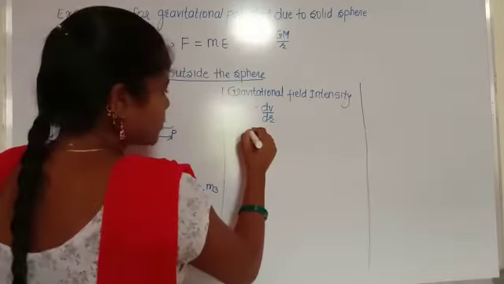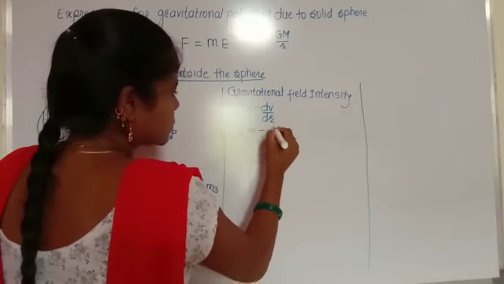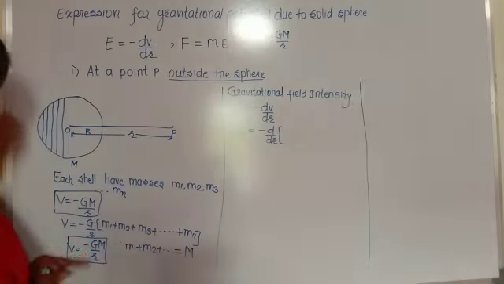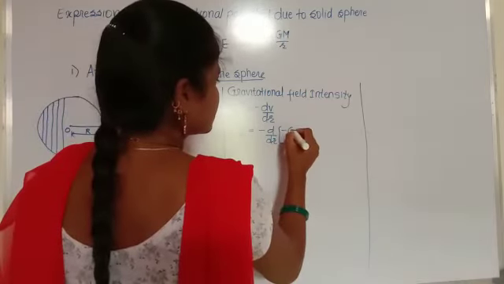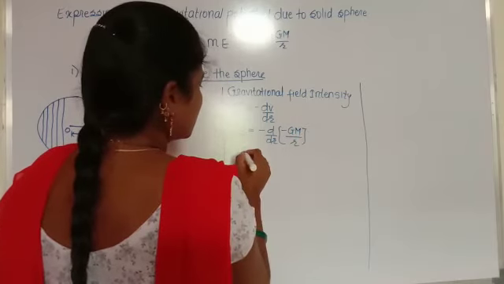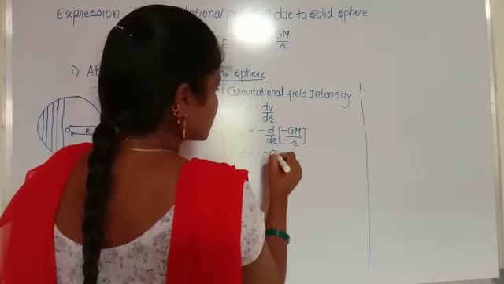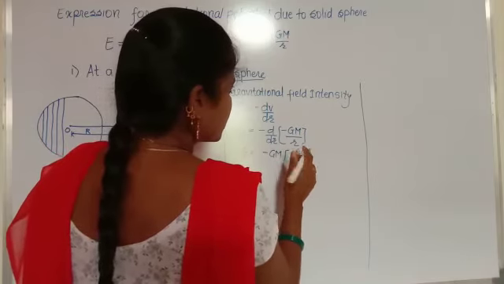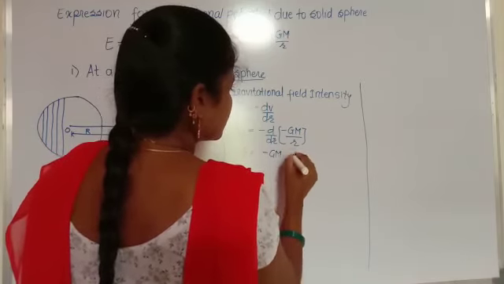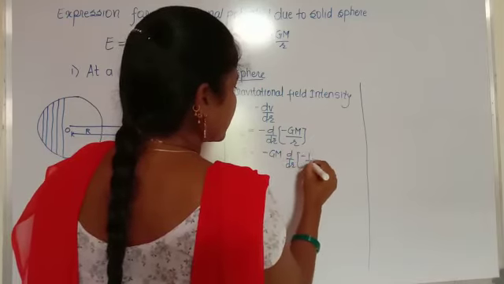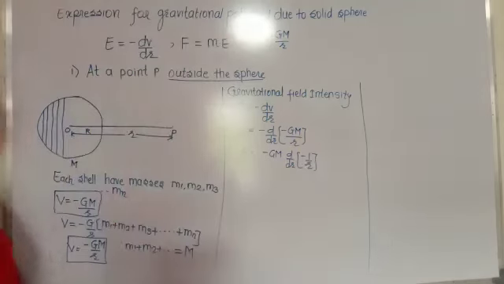So E is equal to minus GM into d by dr of minus 1 by r, and the derivative of 1 by r is 1 by r square.